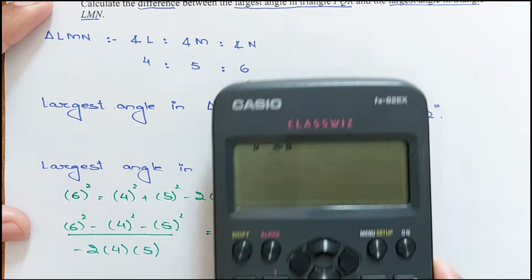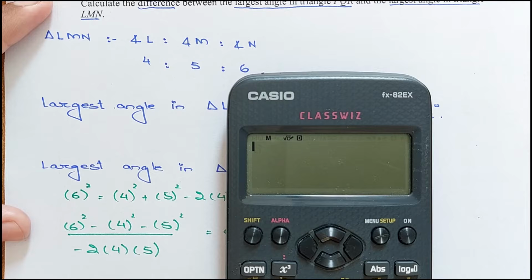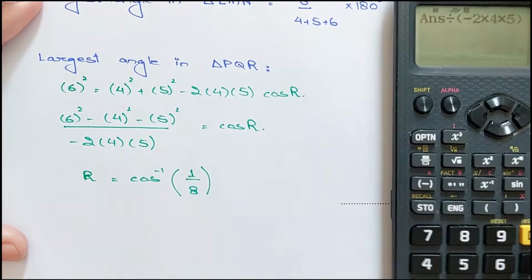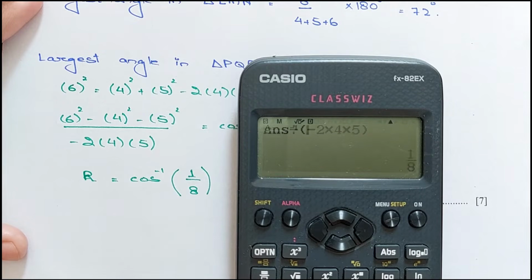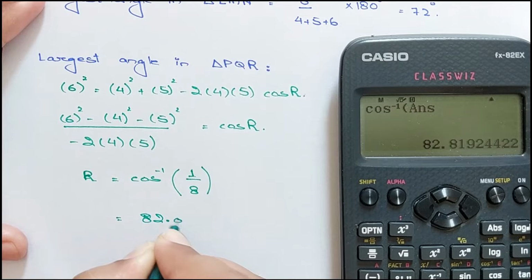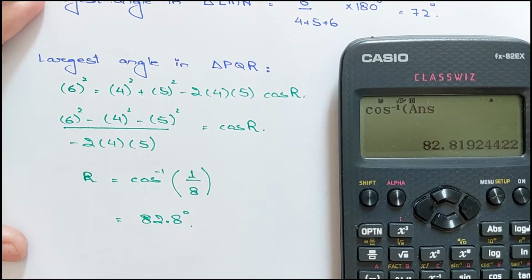Let me calculate this. 6 squared is 36, 4 squared is 16, and 5 squared is 25. Negative 5 divided by minus 2 into 4 into 5 is 1 by 8. So R equals cos inverse of 1 by 8, which is 82.82. 82.8 degrees is R, the largest angle.